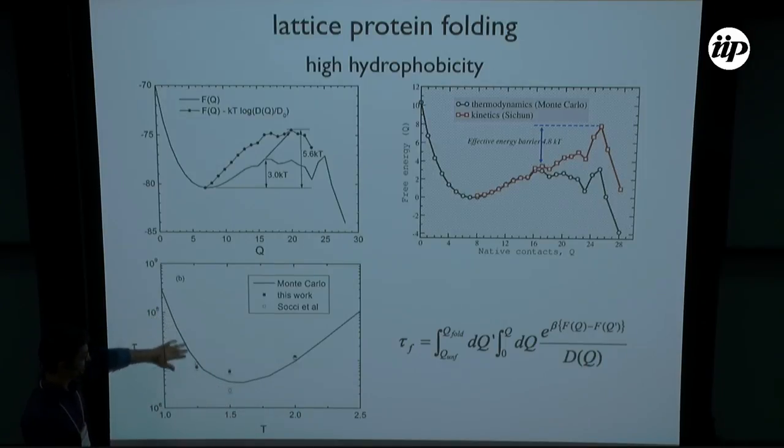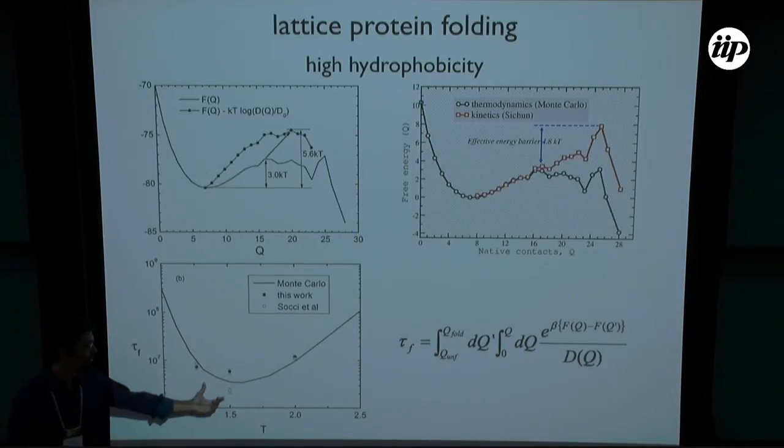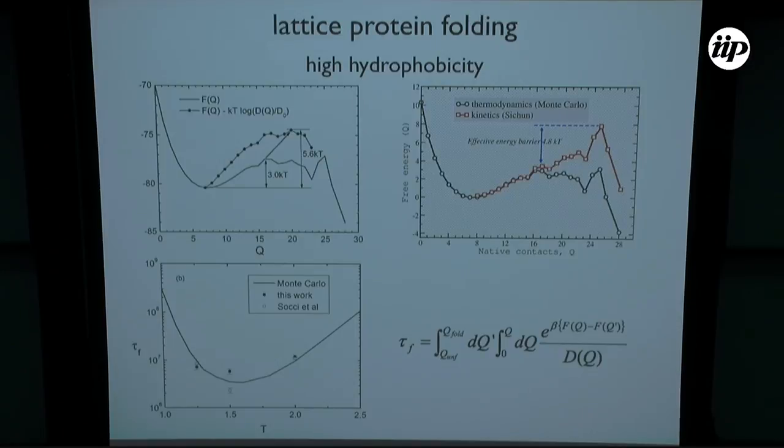And as you can see, the mean first passage time from lots of trajectories agrees with what I'm going to call the analytical folding time, because we calculated it with the parameters that we can extract, like the free energy profile, which is pretty much what everybody has shown in the presentation, but the diffusion coefficient as a function of the reaction coordinate seems to be the key issue to do this calculation.